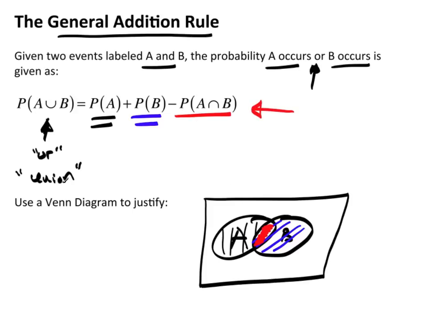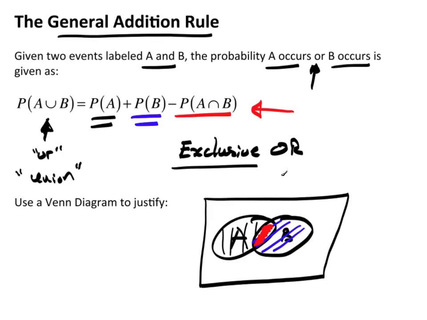Now, this is an OR statement. There is such a thing known as an exclusive OR. The way we're using OR here, it means that A could happen, or B could happen, or they could both happen. Because if they both happen, then it's true that A or B happen.